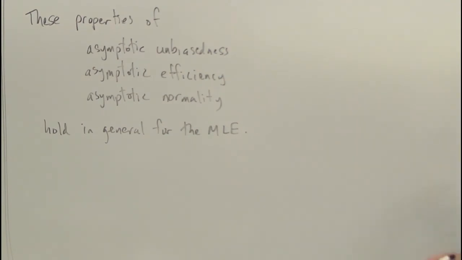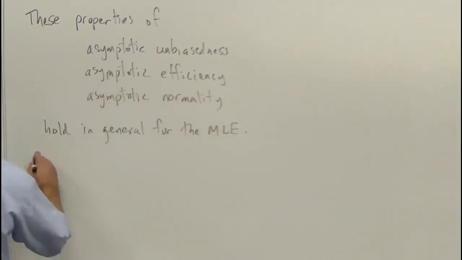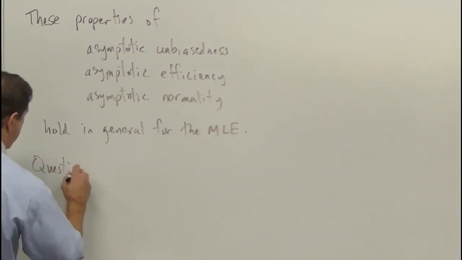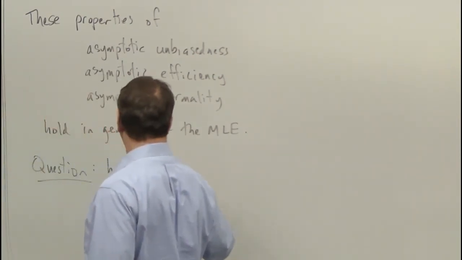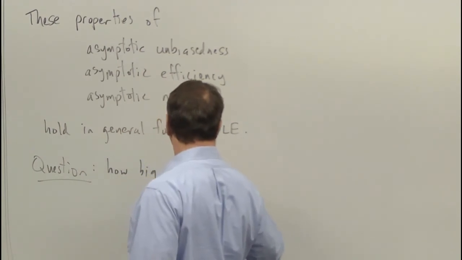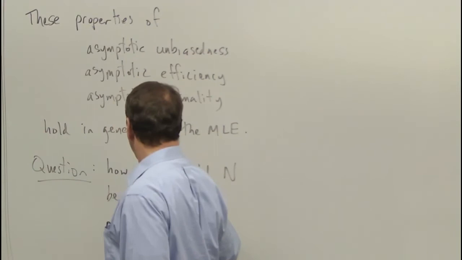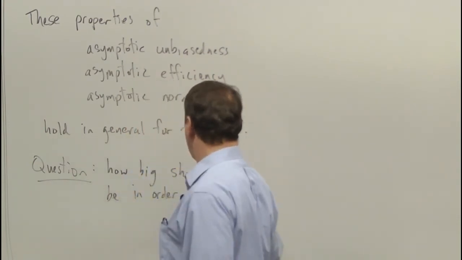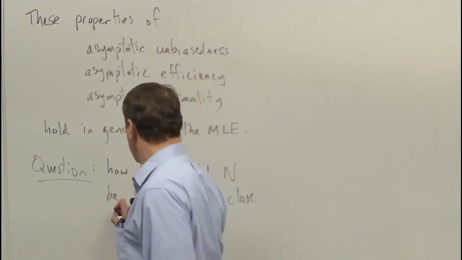So a big question then is, how big should n be in order to be close to these asymptotic properties?